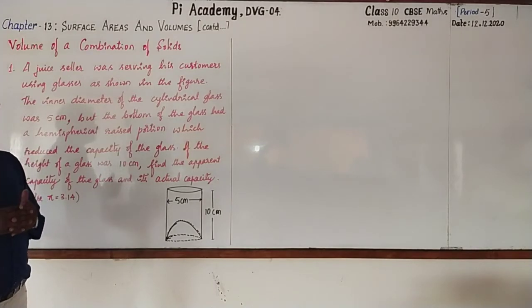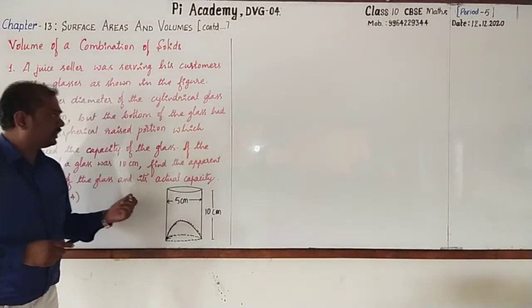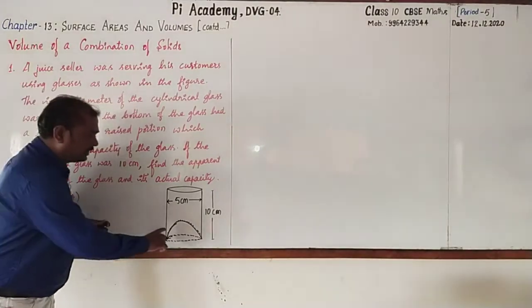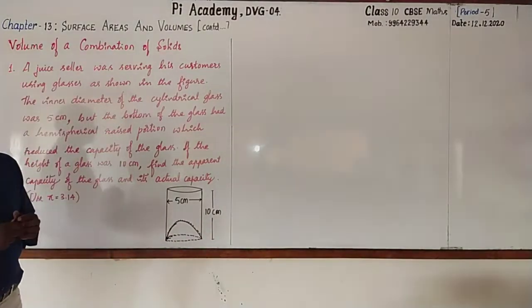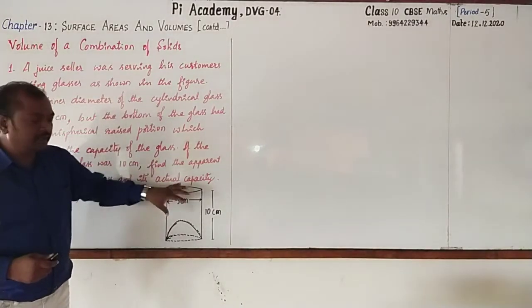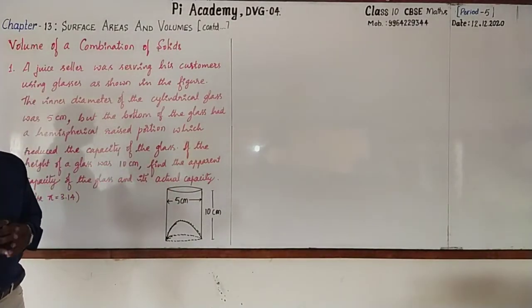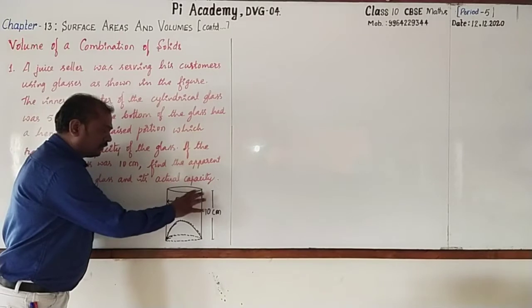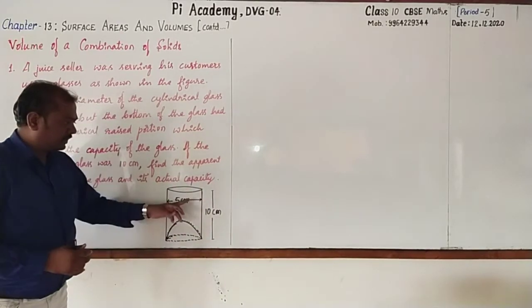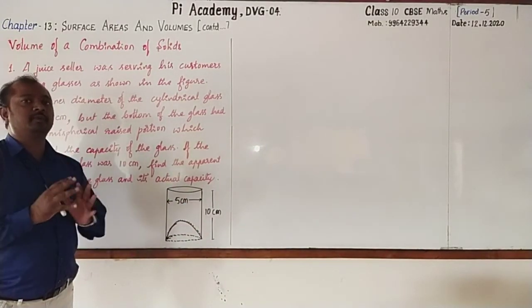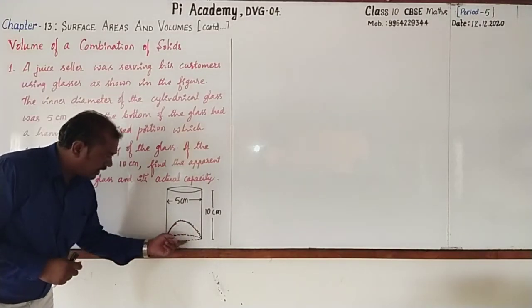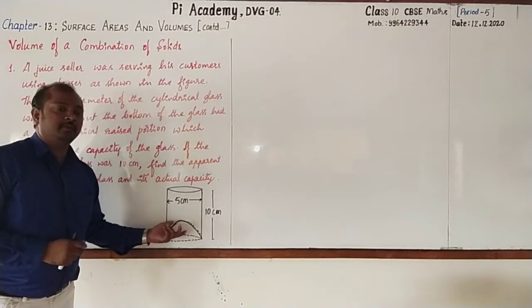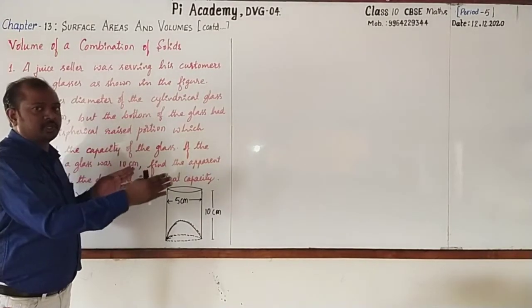But when you observe that glass, you can come to know that there will be a raised portion at the bottom. When it is filled with juice, we feel that this cylinder is completely filled with the juice, but actually this part is not filled because it is in the raised portion.